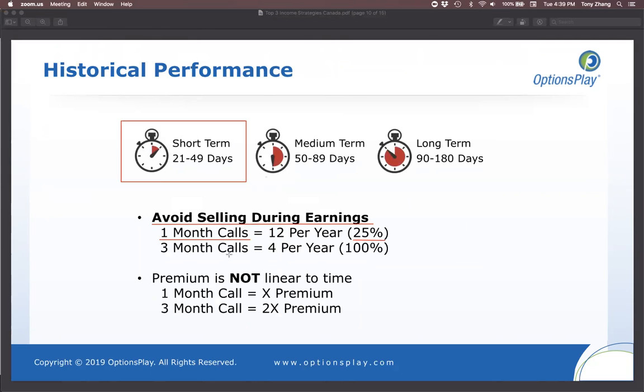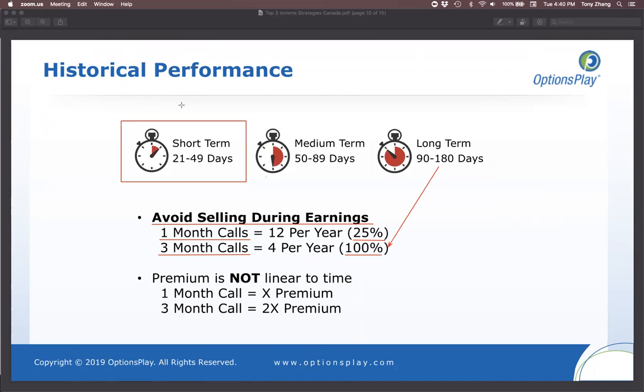But if we sell 3 month calls, we can only do that 4 times a year, so 100% of the calls that we sell have this uncertainty factor built into them. So if you're selling long dated options like 3 to 6 months out, you really cannot avoid earnings. This is why we generally shy towards utilizing the shorter end of the spectrum.